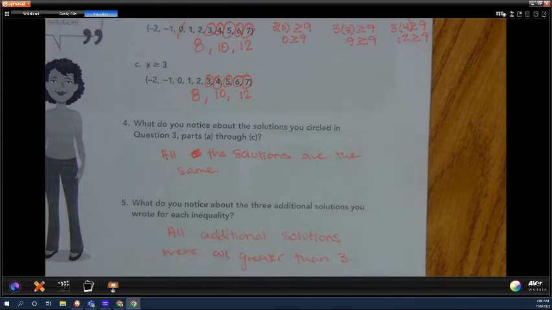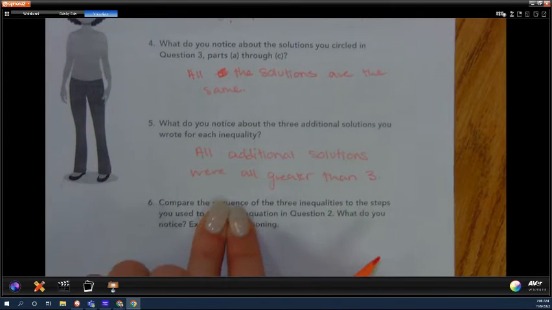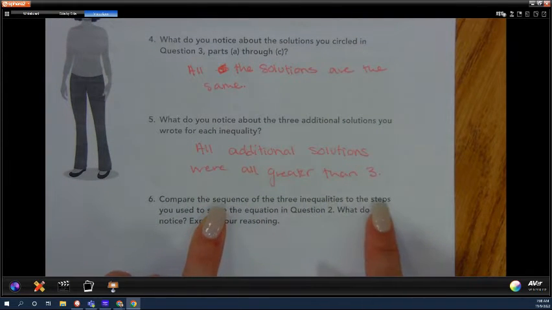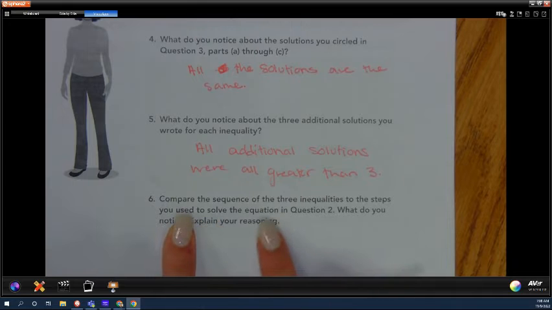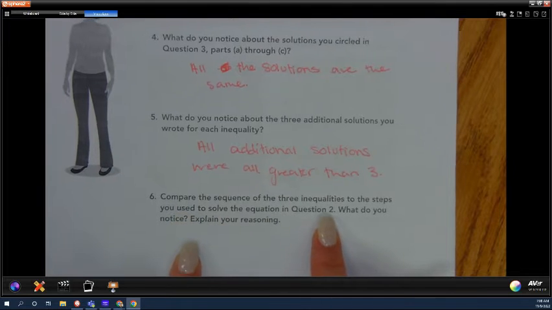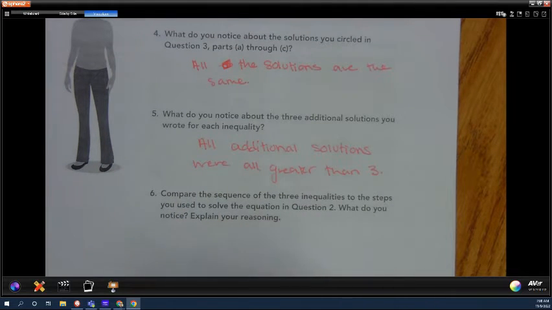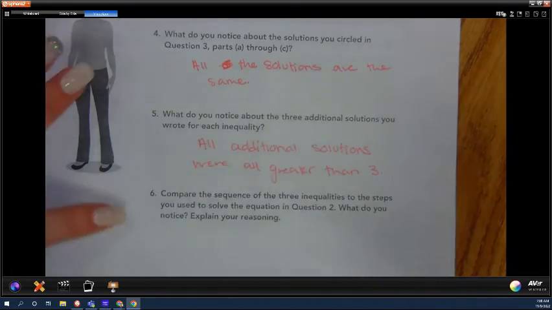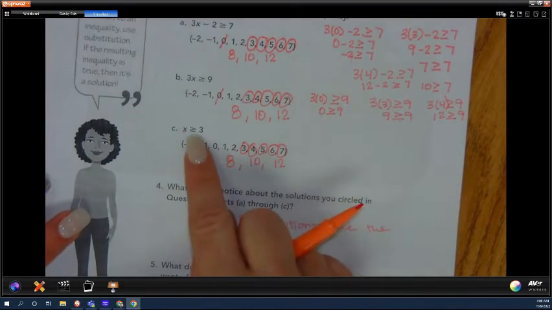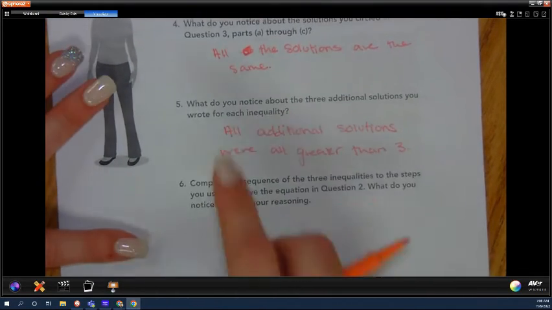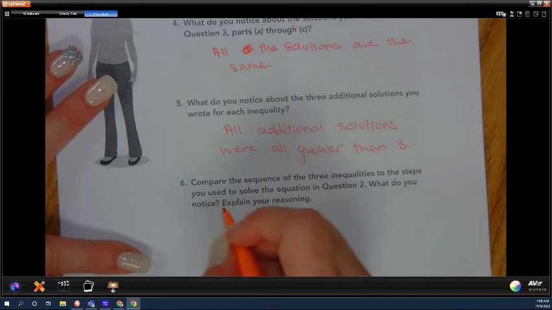Okay. So compare the sequence of the 3 inequalities to the steps you used to solve the equation in question 2. What do you notice, and explain your reasoning? Okay. So I noticed that the 3 inequalities, these 3 right here, are all equal to one another because all of my solutions are the same.